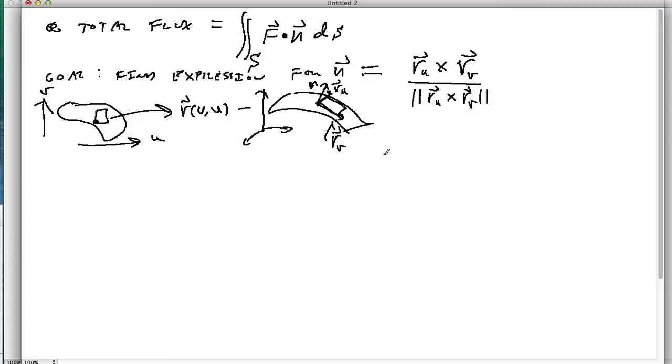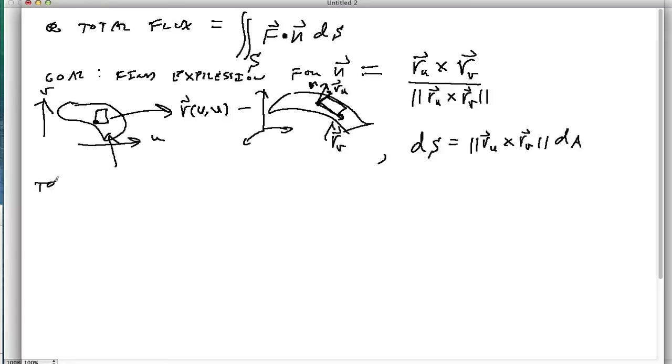Okay. Recall also then that dS was equal to the norm of RU cross RV dA, where dA was in this plane.